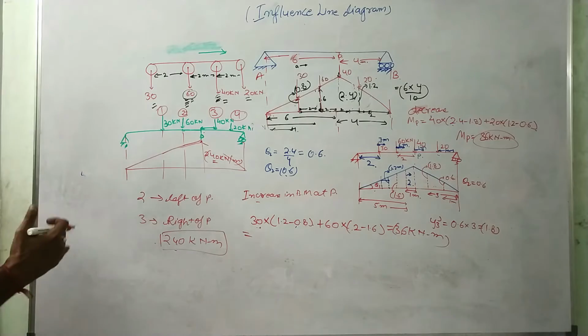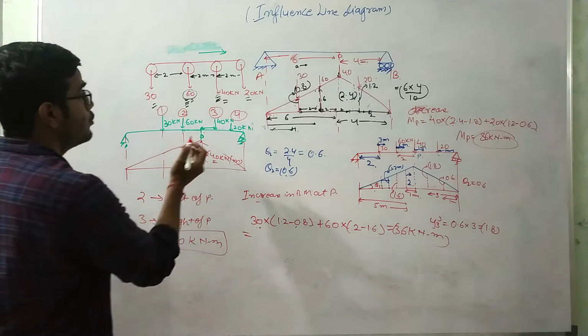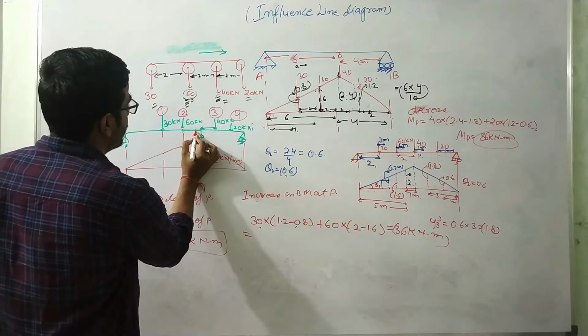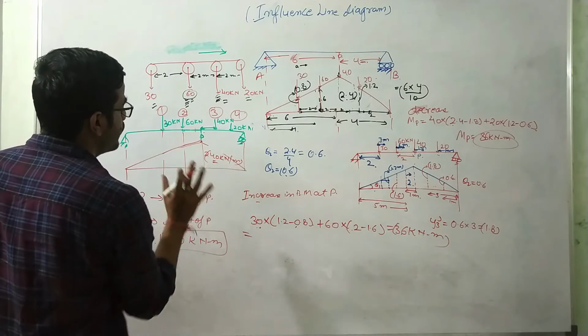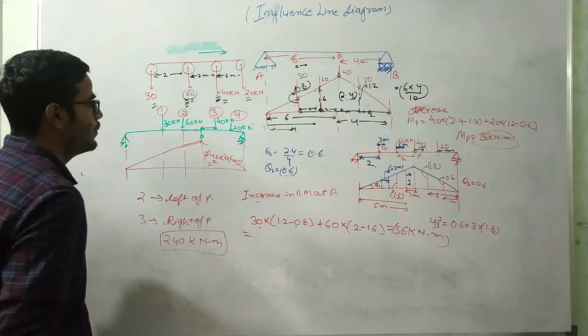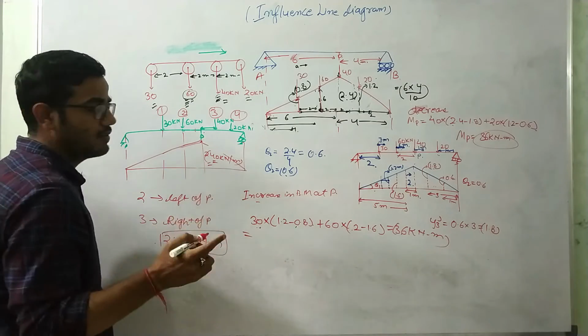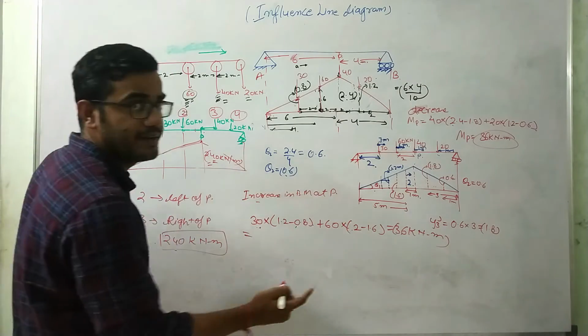You can check at any other distance. You can move 0.5 meter from here, shift and apply 60 kilonewton at 0.5 meter, still you will get the value of 240 kilonewton meter. The reason why has already been discussed in detail.